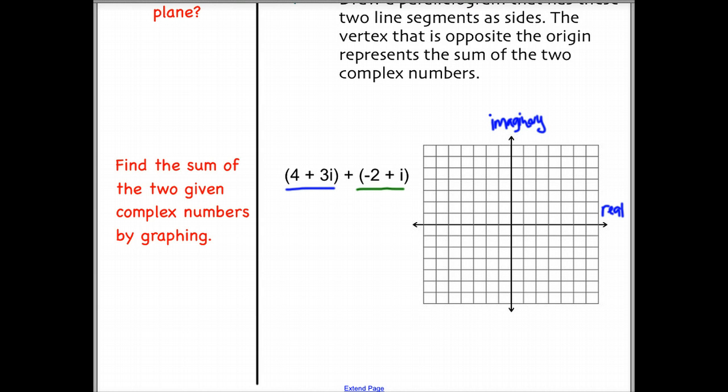So we're going to start at the origin, and we're going to go to the right 4 on our real axis. 1, 2, 3, 4. And then we're going to go up 3. 1, 2, 3. And this is our new point here. I'm going to go ahead and erase these so you don't get confused by those. So that's our first point.